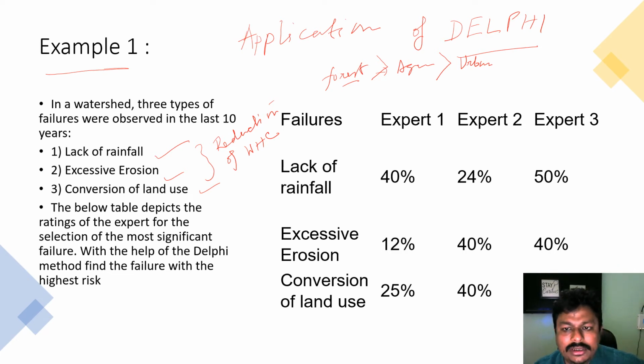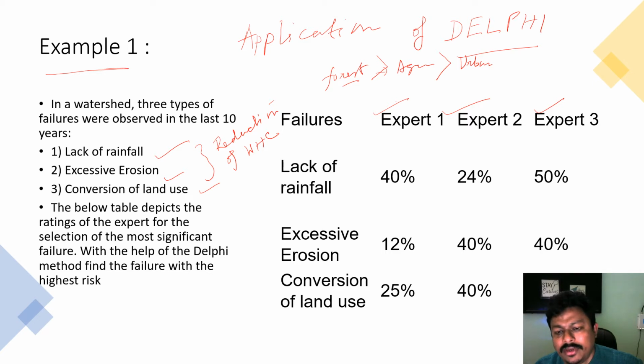Now, as I have said, in the Delphi method we place these three failures to the experts. Suppose we have hired three experts, and these three experts were asked to rate the failures as per their knowledge. That means which one is the more significant failure compared to the others: whether lack of rainfall is most significant, or excessive erosion, or conversion of land use.